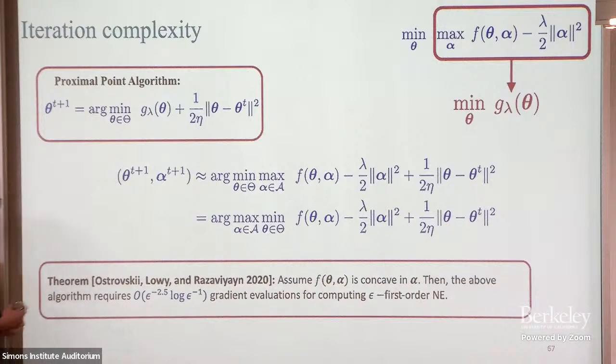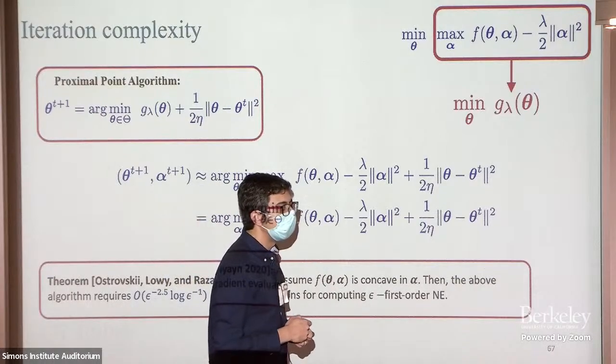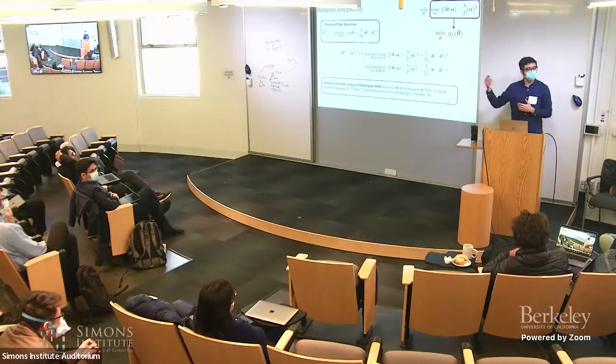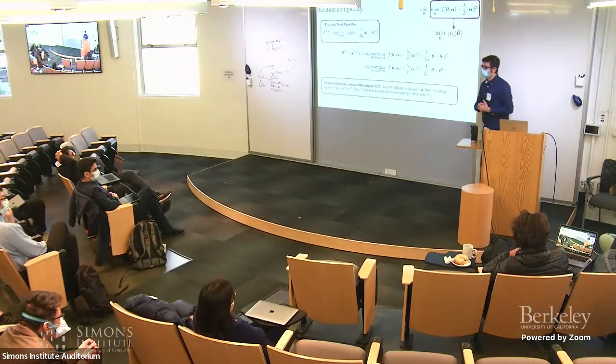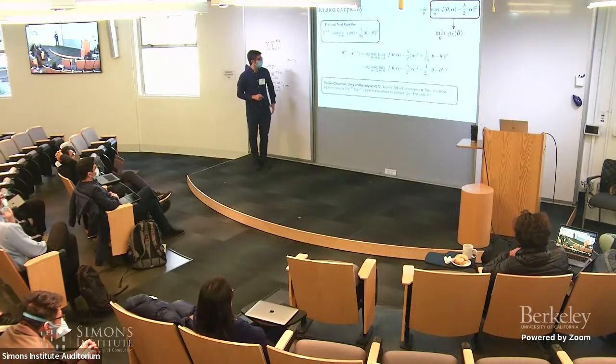Yeah, that's correct. It was connected with the Hessian, yes, the Lipschitz constant of the gradient, which is connected to the Hessian. Did I answer your question?